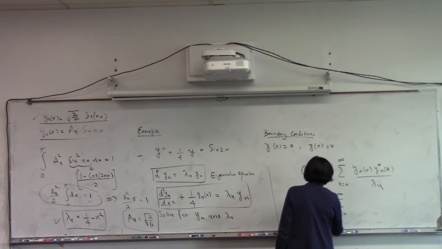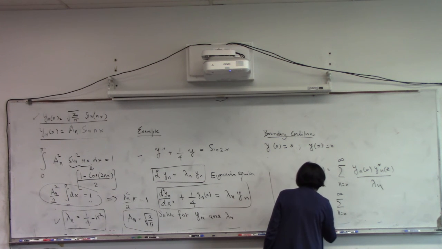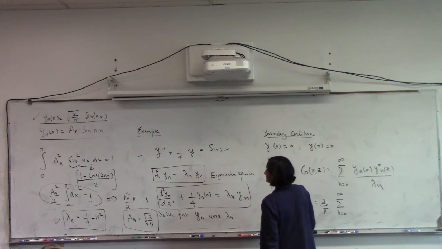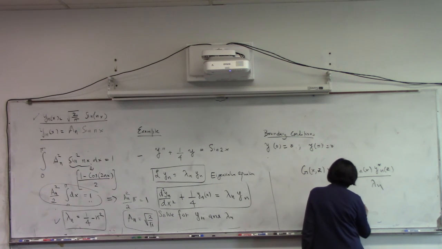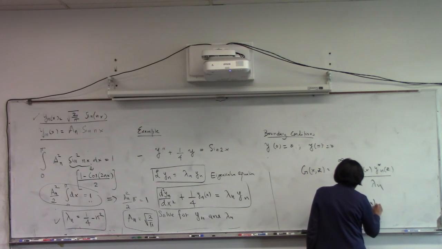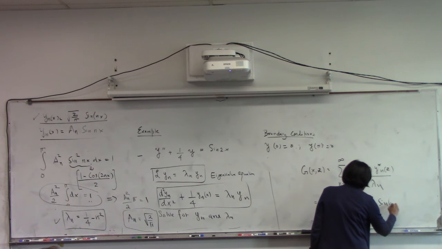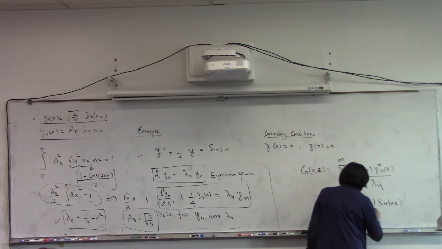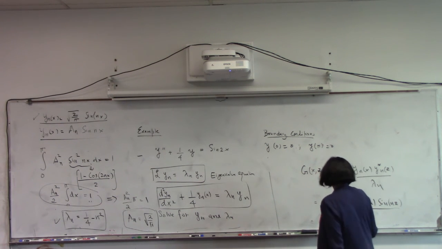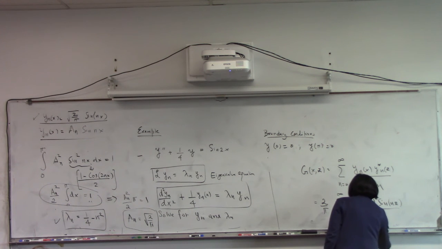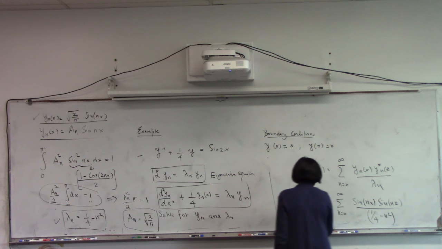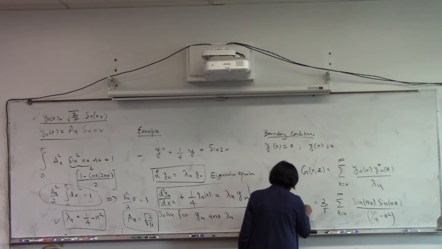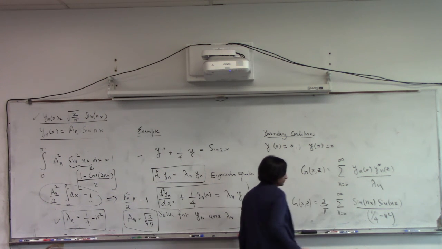So that is equal to 2 over pi, sine of nx sine of nz divided by 1/4 minus n squared. It's a function of two variables. That's it.